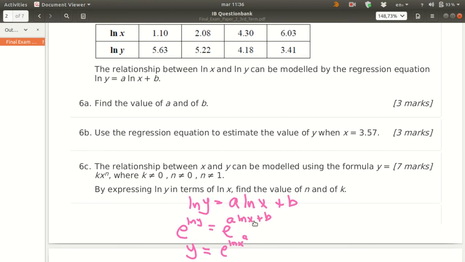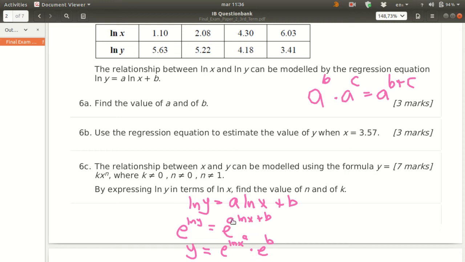And then this plus b, remember you can split it as e to the power of b. Remember that? The sum of exponents, you can split it as a multiplication, okay? So what I'm saying is a to the power of b times a to the power of c is a to the power of b plus c. That's what I'm doing here. I'm splitting the sum as a multiplication.